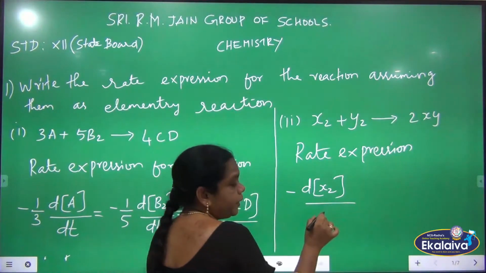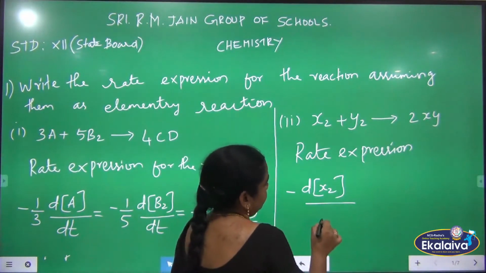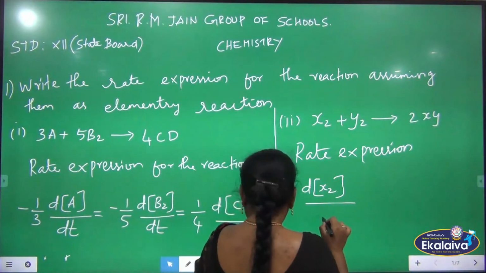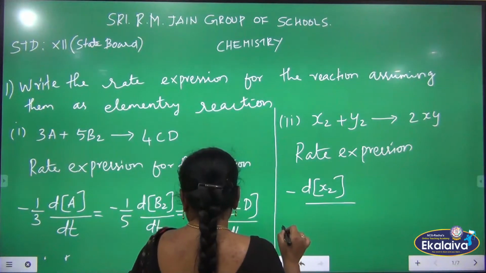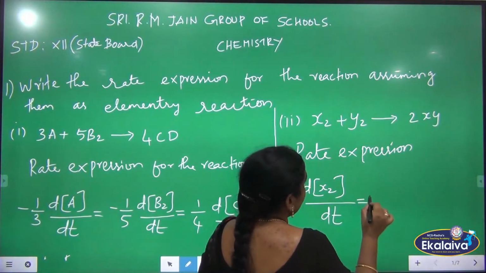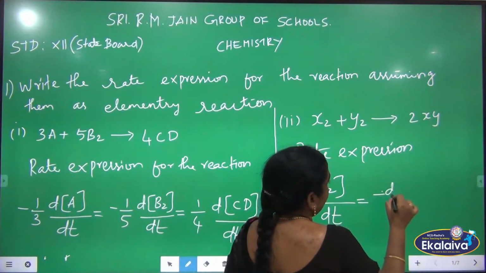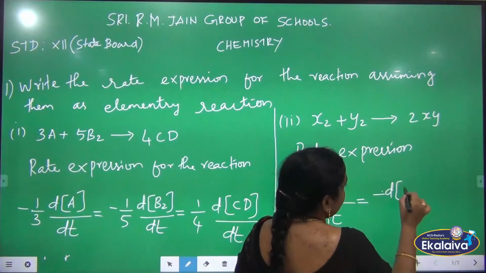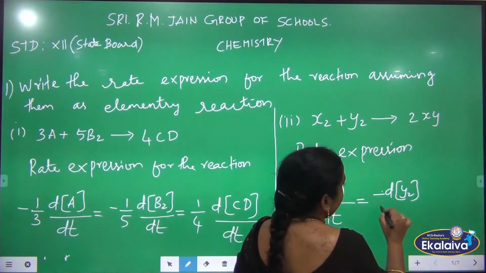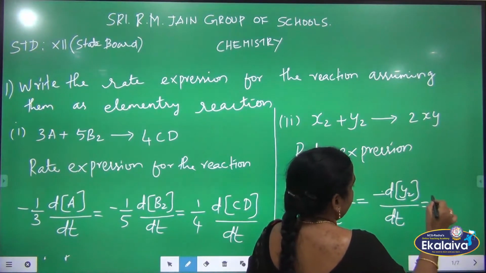The square bracket represents the concentration term, and change in time, is equal to negative sign of change in concentration of Y2 divided by change in time, difference in time, equal to the product.